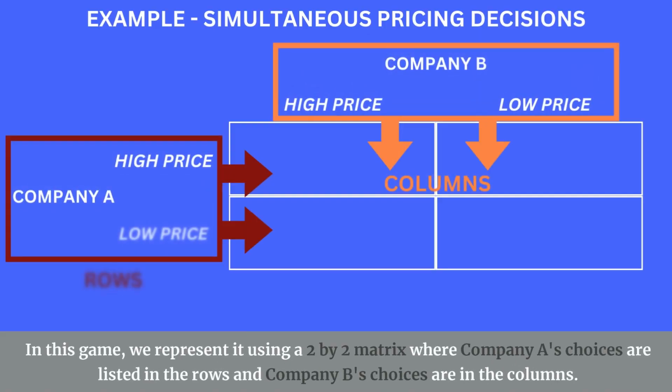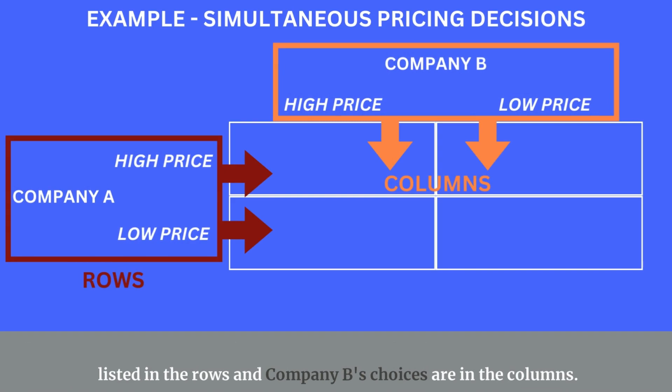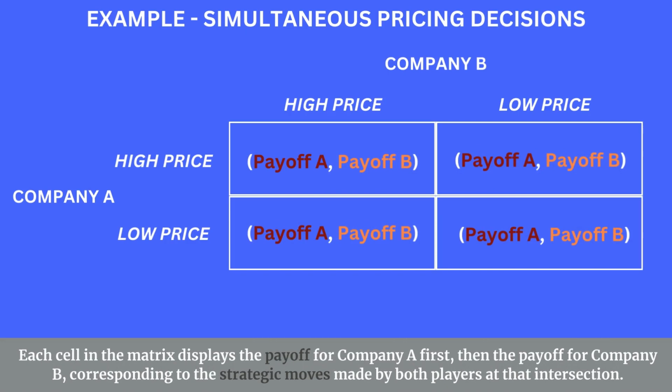In this game, we represent it using a 2x2 matrix where Company A's choices are listed in the rows and Company B's choices are in the columns. Each cell in the matrix displays the payoff for Company A first, then the payoff for Company B, corresponding to the strategic moves made by both players at that intersection.